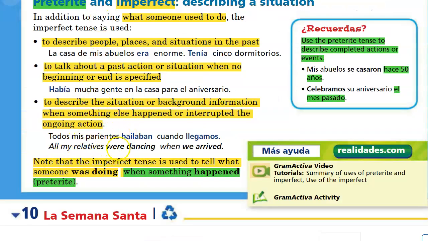Right? This is the action that's giving us the background information or setting. Mi novia y yo mirábamos cuando, and then the second action is providing an interrupting action, right? Or something that happened or interrupted, whatever this ongoing action is.